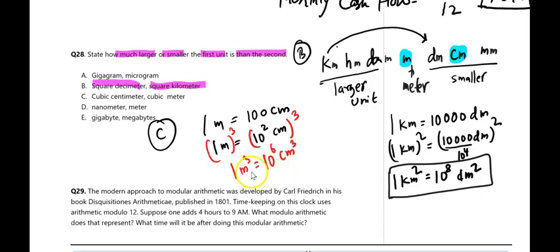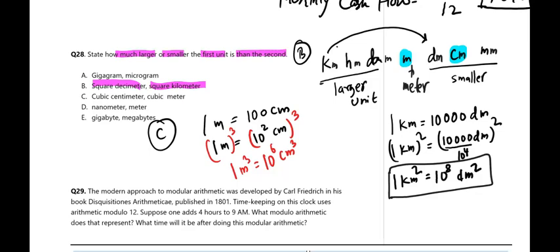So from this equation you can say that 1 meter cube is 10 to the power 6 times bigger than a centimeter cube, or the other way around, 1 centimeter cube is 10 to the power 6 times smaller than 1 meter cube. That's how you do part C.